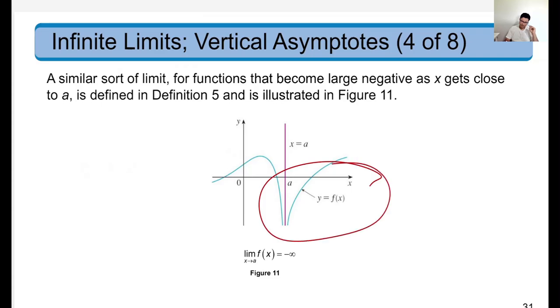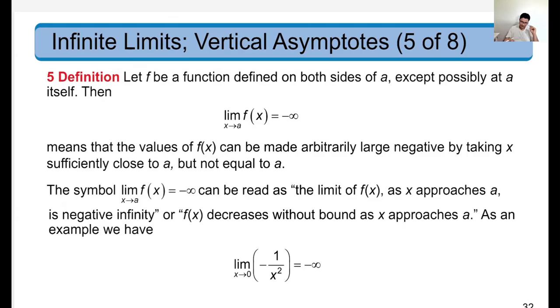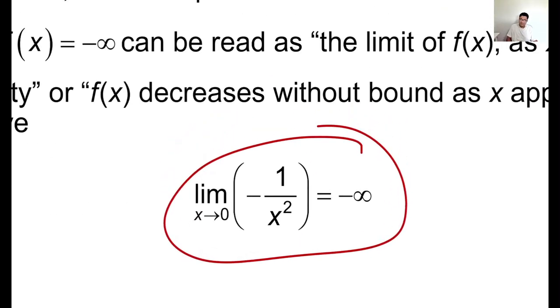Here, about the function having negative infinity as the limit, this is all reiteration of the same ideas. And here are some examples. When would you get negative infinity as the limit? This is a situation: x approaches 0 and you are evaluating negative of 1 over x squared.